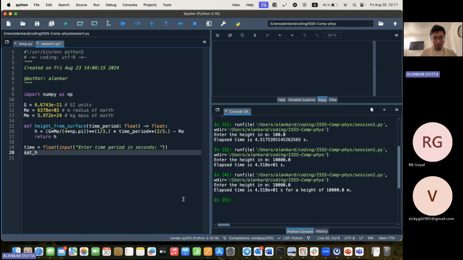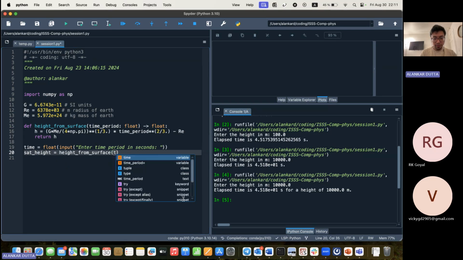So satellite height equals to, now we'll call this height from surface with this time, and we are going to get it in meters because this is in meters and this height will also come in meters.